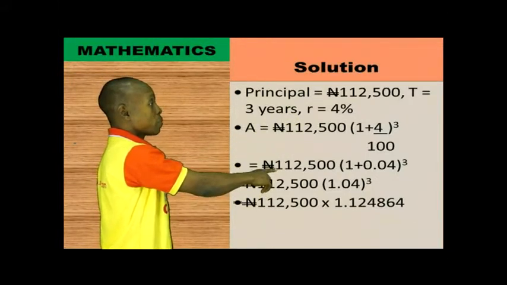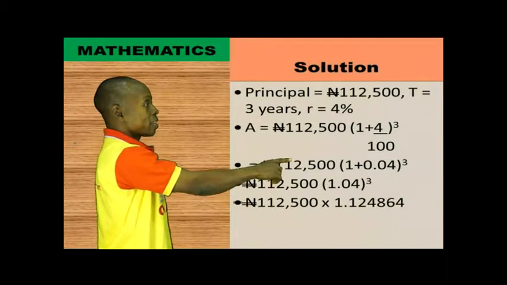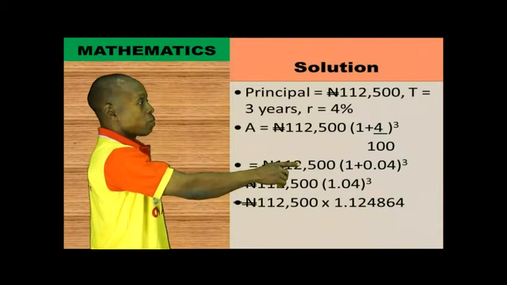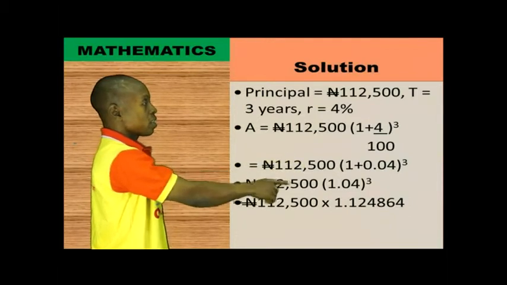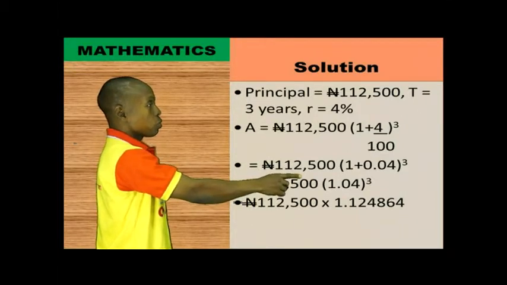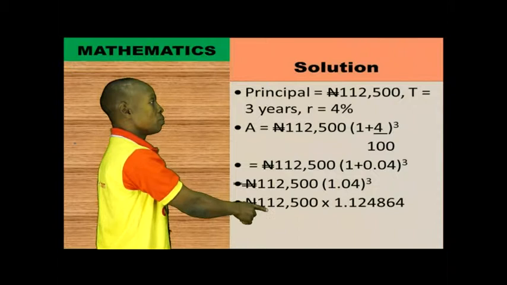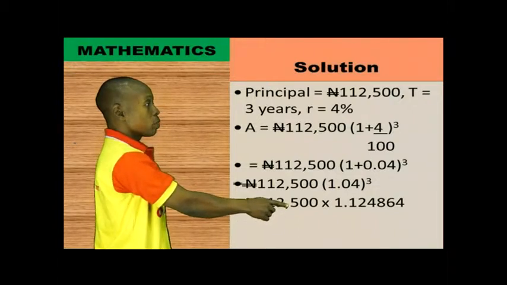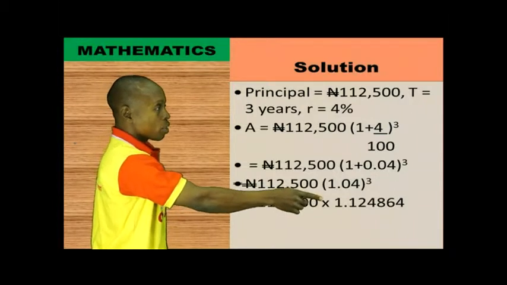So you have the principal to be 112,500 into brackets 1 plus 0.04, because 4 divided by 100 gives you 0.04, raised to power 3. Then you have 112,500 into 1 plus 0.04, which gives you 1.04, raised to power 3. So you have 112,500 multiplied by, when you multiply that one 3 times, 1.124864.